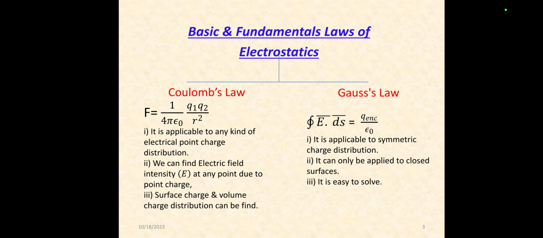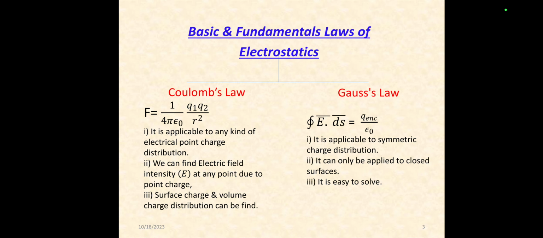This Coulomb's law is very similar to the gravitational force, that means F is equal to G, capital G meaning gravitational constant, m1 m2 upon r square. Instead of m1 and m2, that means mass 1 and mass 2, here m1 m2 is replaced by charges q1 and q2 respectively. Okay, so F is equal to 1 upon 4 pi epsilon naught q1 q2 upon r square.